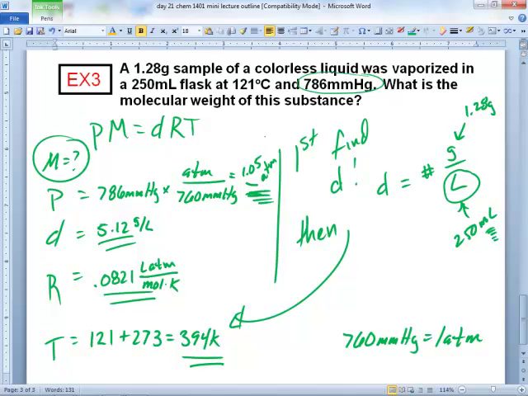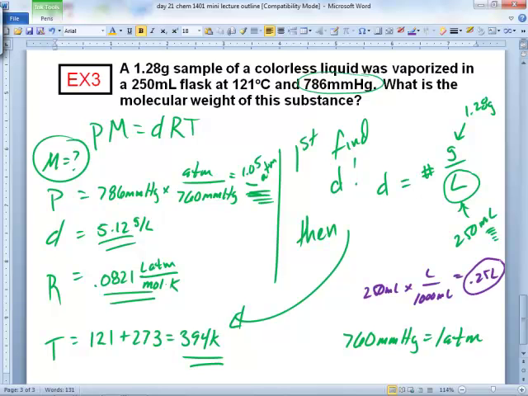Anybody get an answer? 160? That makes sense. I have to divide the grams by the liters, so convert 250 milliliters into liters. There are 1,000 mL in a liter, so that's going to be 0.25 liters.